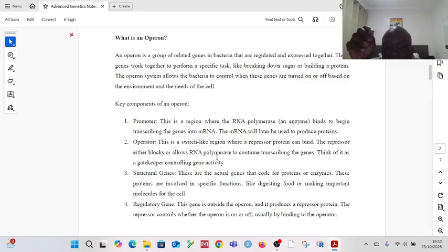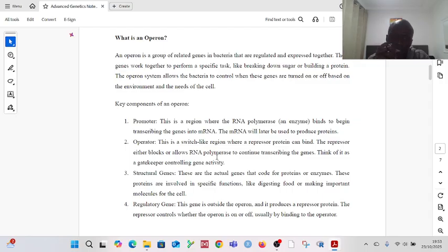Once the repressor imeenda ikashika kwa operator, then that repressor can block the RNA polymerase from continuing with the transcription. So repressor imekuja imeshika operator. Once the repressor binds to the operator, then transcription will not happen because the RNA polymerase haitaweza kusoma the entire DNA region so that it can create an RNA transcript.